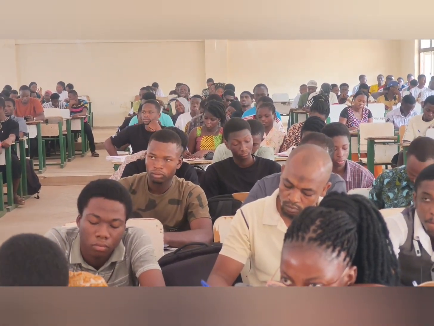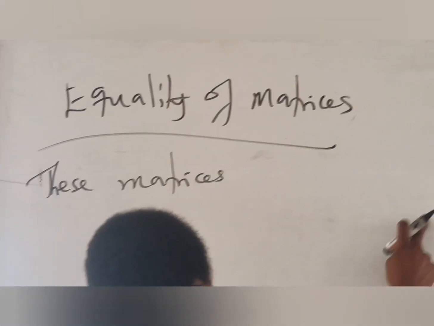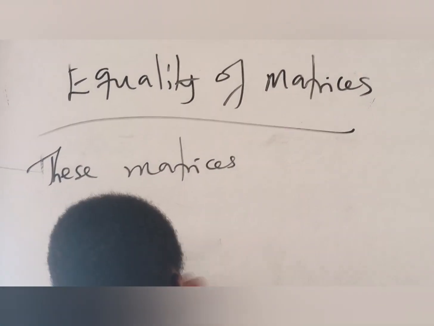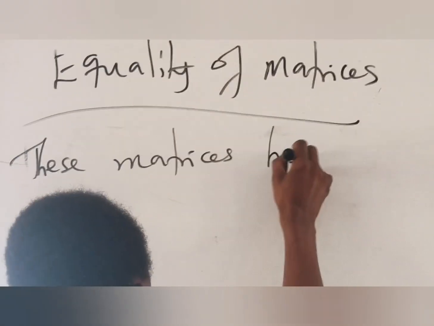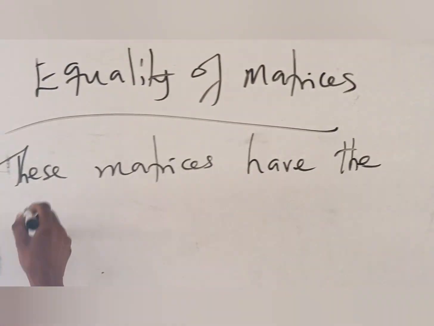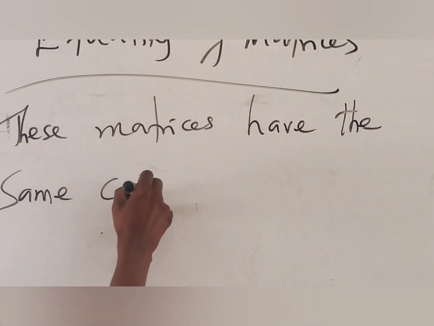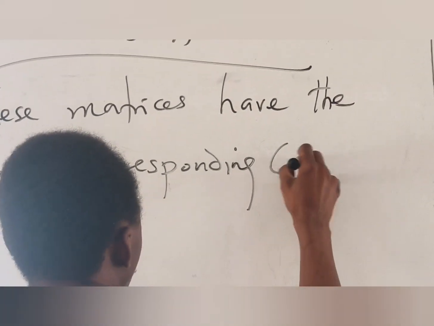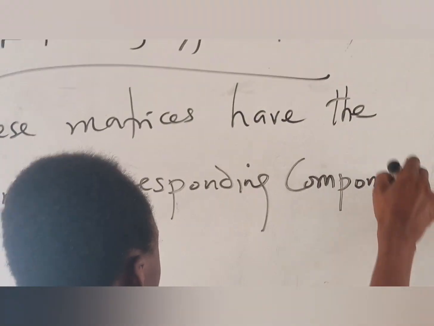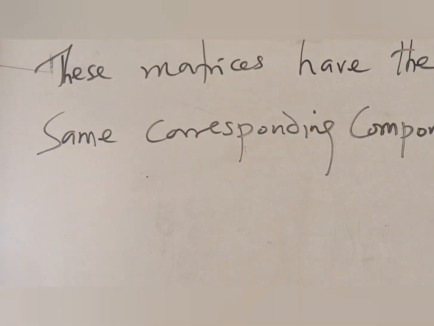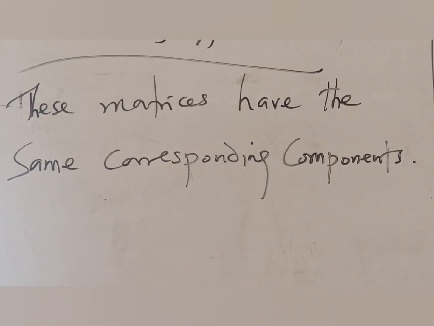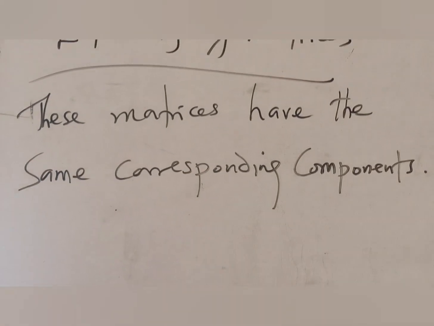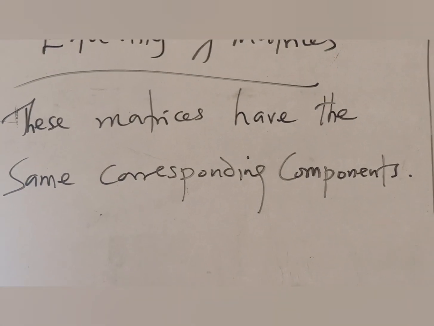Matrices that are said to be equal have the same corresponding components, or entries. So these matrices have the same corresponding what? Components. Corresponding components.